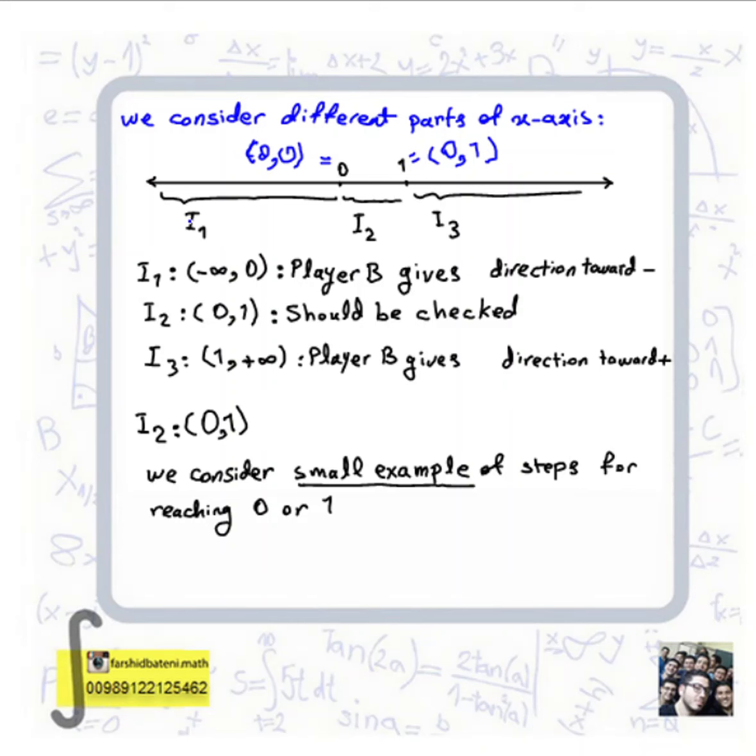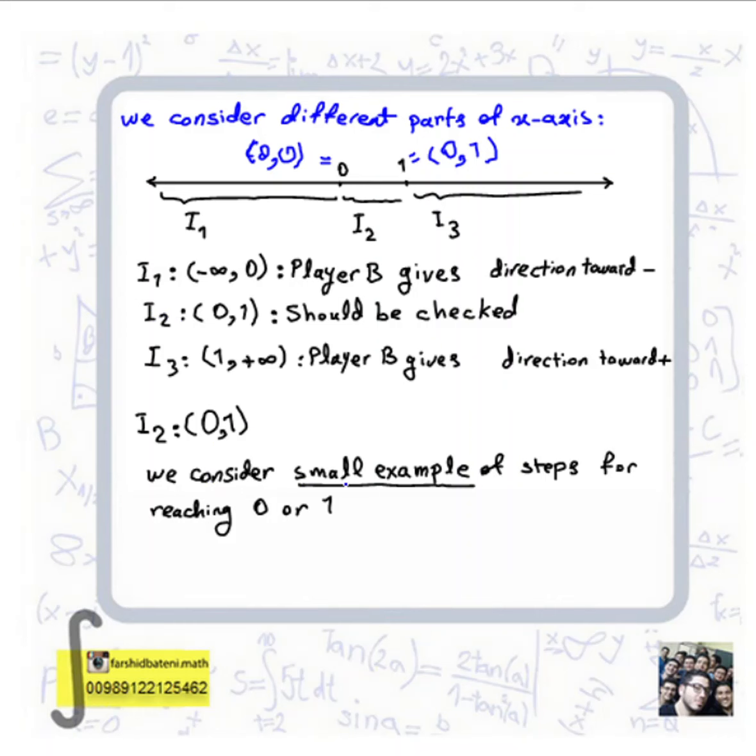If we divide this axis into intervals I1, I2, and I3, then if the point is on I1, player B gives the direction toward the left, and the robot goes left and won't reach 0 or 1, and in this case player A can't win. In the same way we can prove it for I3, so we must consider only I2.